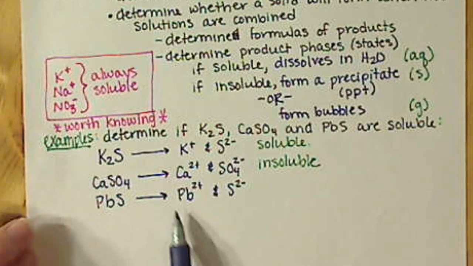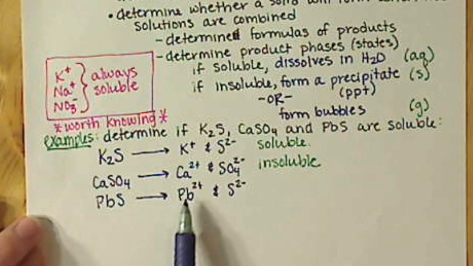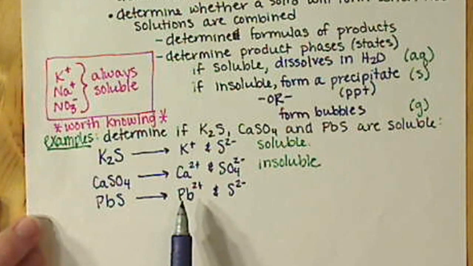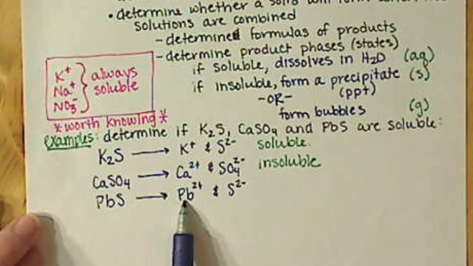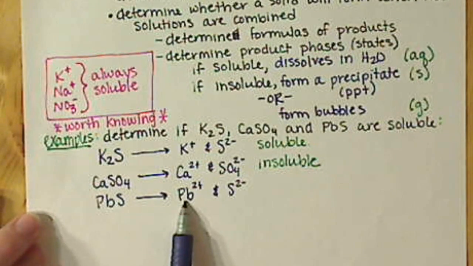So the only way for this to be soluble, it's obviously not NH4+, hopefully that is obvious to you, is if Pb2+ is an alkali metal. Remember that stems back from chapter 3. All of your alkali metals are in group 1A. Lead 2+ is not in 1A. It's a transition metal.